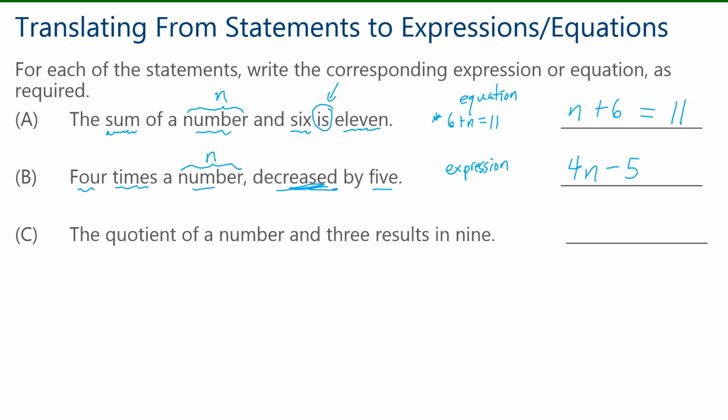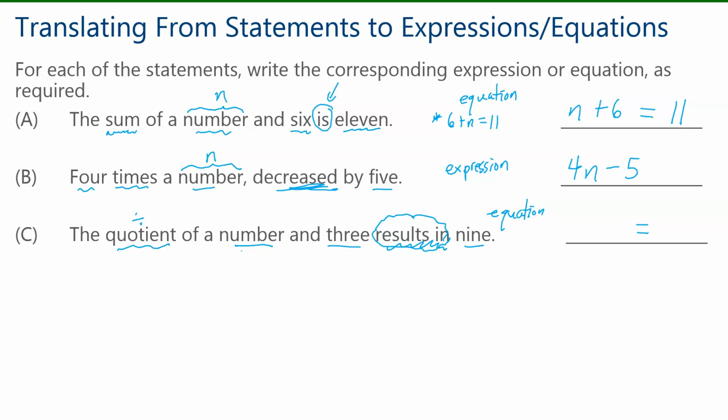C, the quotient, there's a big word. The quotient of a number and 3 results in 9. The "results in" piece here, that's my clue that we have an equation. I'm going to put my equal sign in over here. Quotient, what operation is that? That's division.